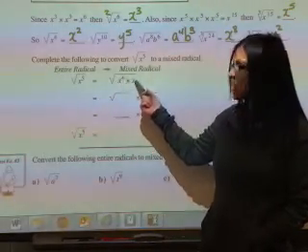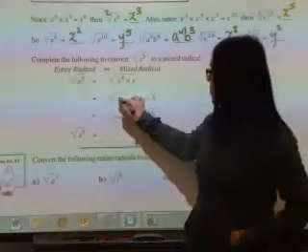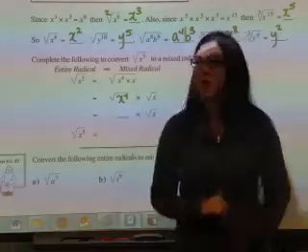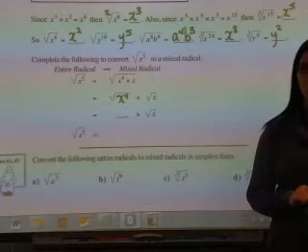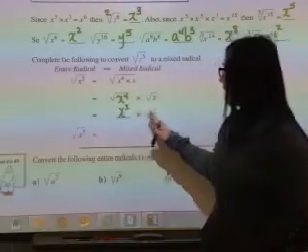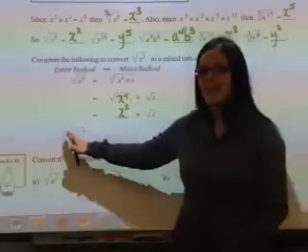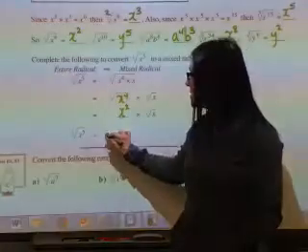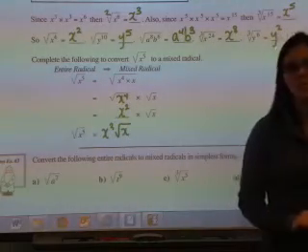X to the power of 4 times x is still going to give me x to the power of 5. But now I have the square root of x to the power of 4. What is the square root of x to the power of 4? X to the power of 2. And then I'll still have this x underneath the radical sign. So I can say that the square root of x to the power of 5 is the same thing as x squared times the square root of x.